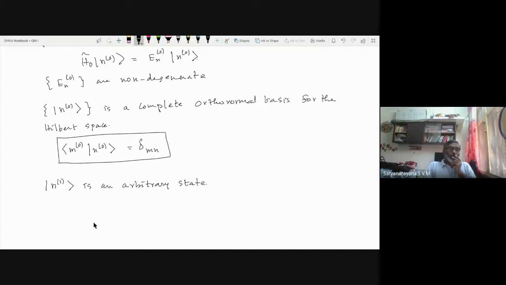What I can say about this N1 is that, because it is in the same Hilbert space for which this is a basis, we can write this N1 ket as a linear combination of Cm into M0.